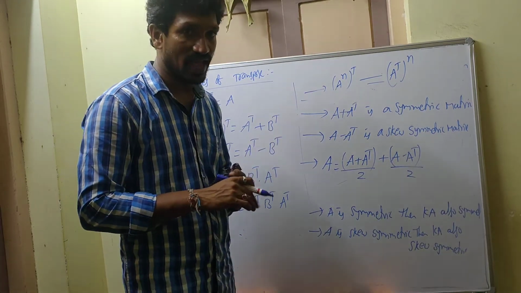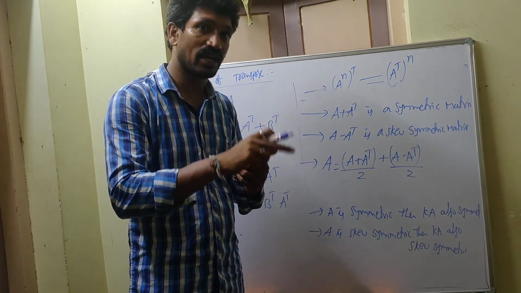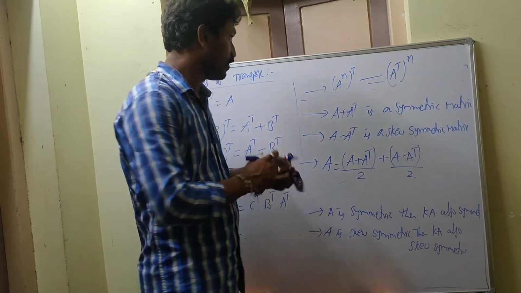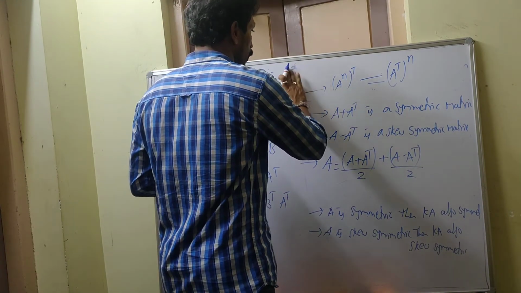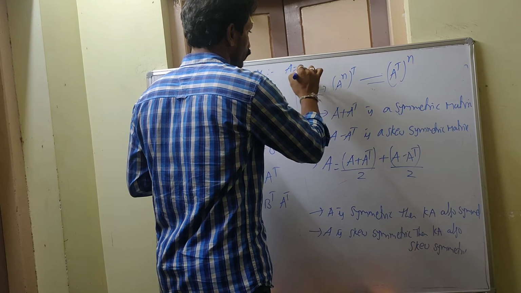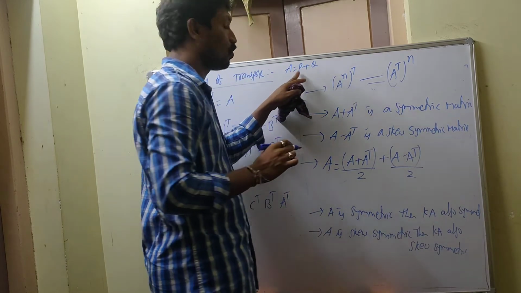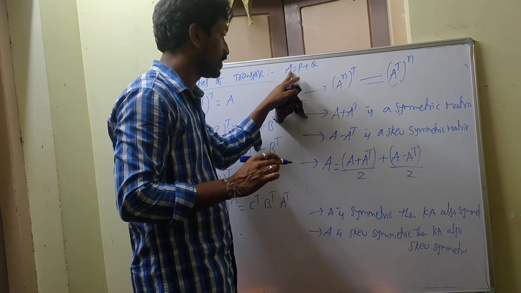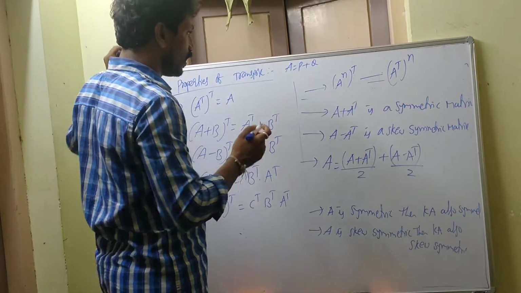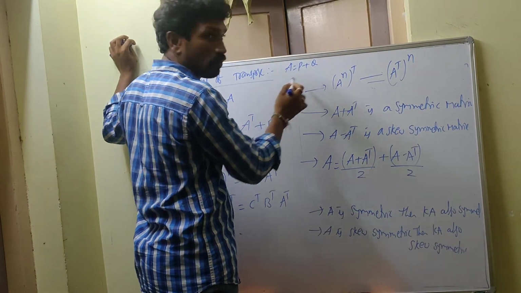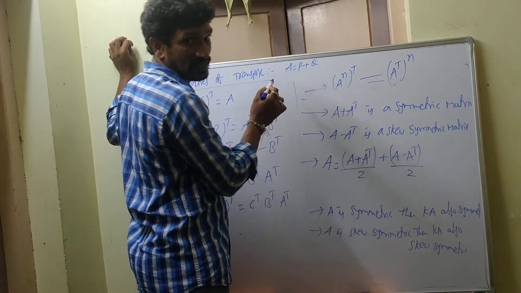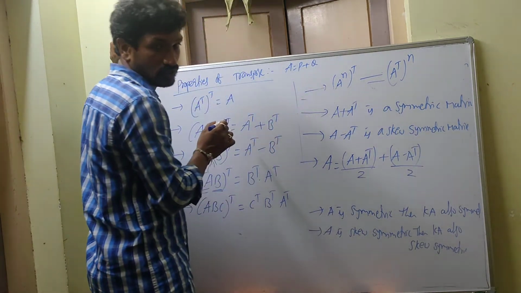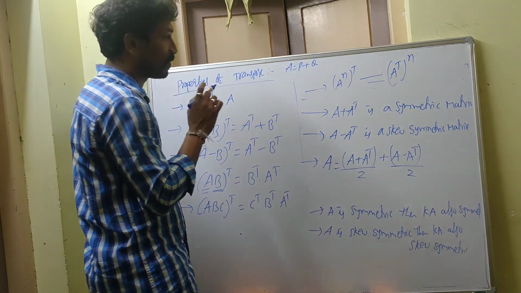Whenever you express a matrix as the sum of symmetric and skew symmetric, suppose A is equal to P plus Q, where P is symmetric and Q is skew symmetric.